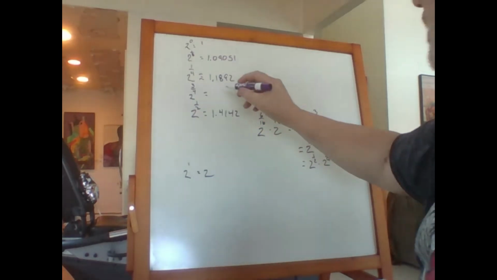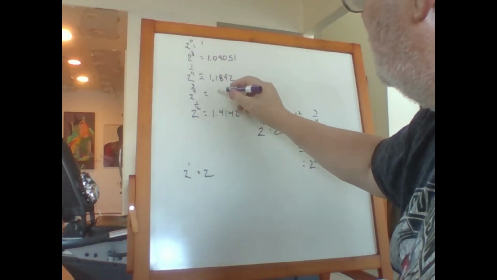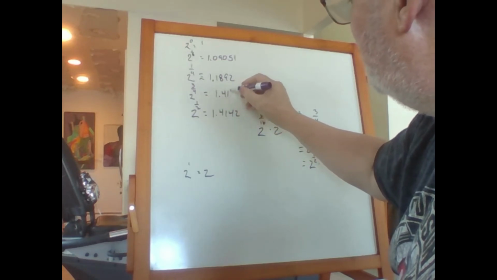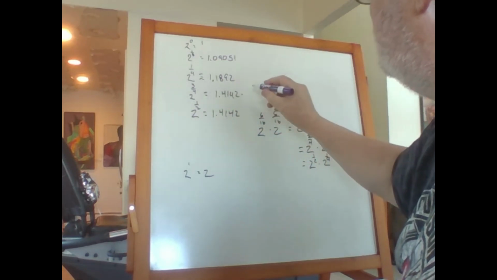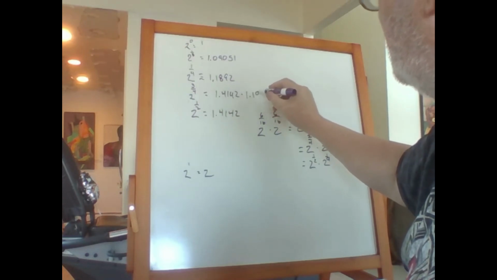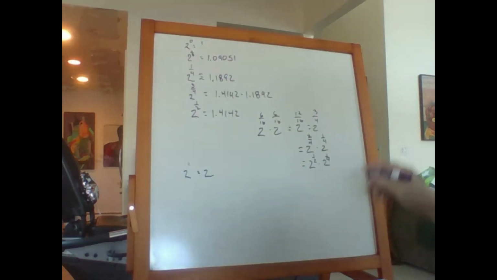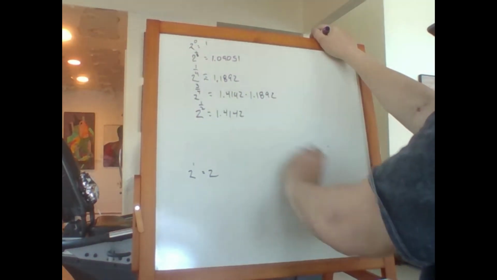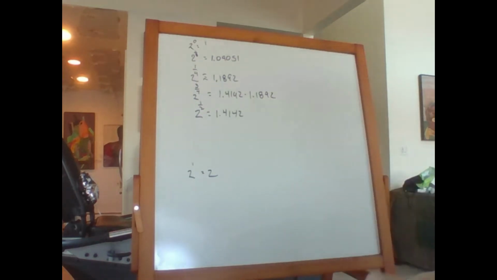So we have 1.4142 times 1.1892. See, now we can begin using some of our knowledge instead of guesswork.